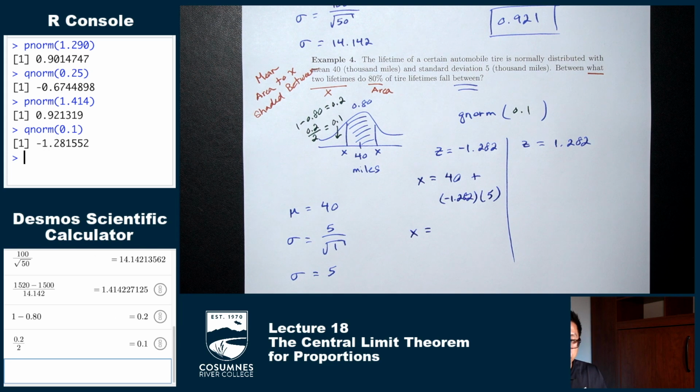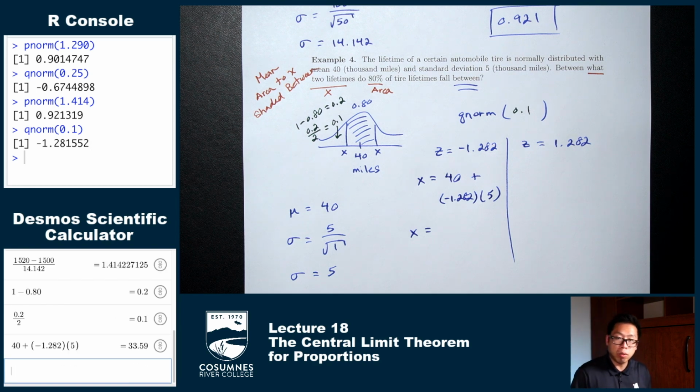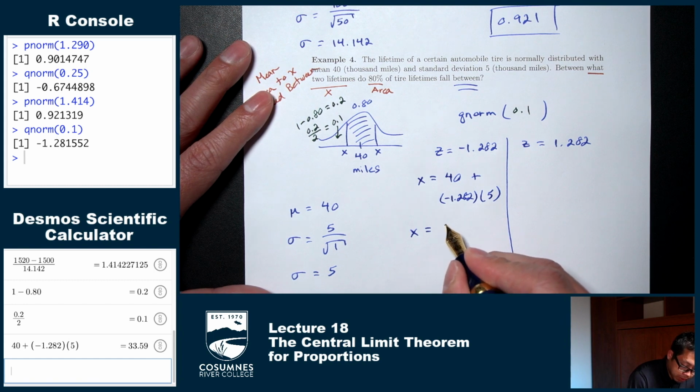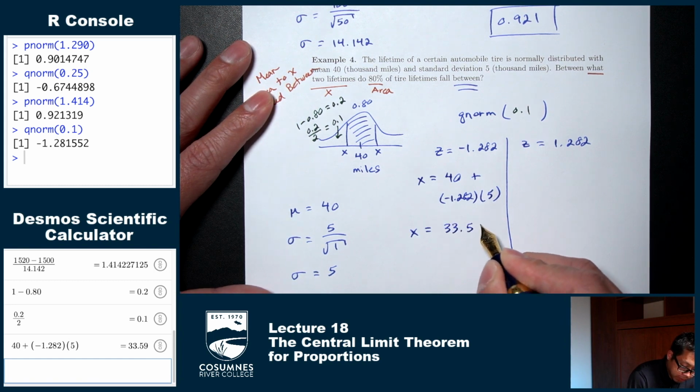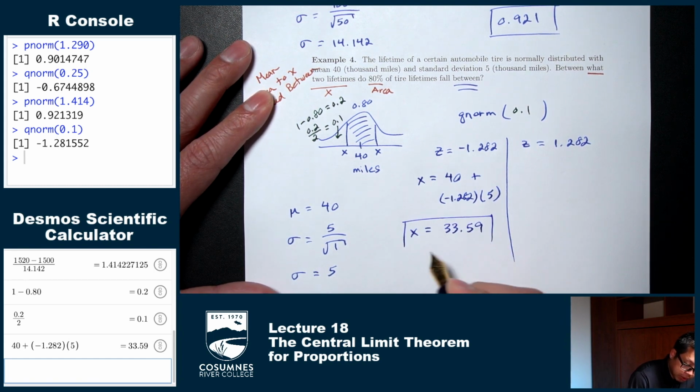Okay, so let's write this out, or use a calculator. 40 plus negative 1.282 times 5 is 33.59. Okay, that's one of the x's.